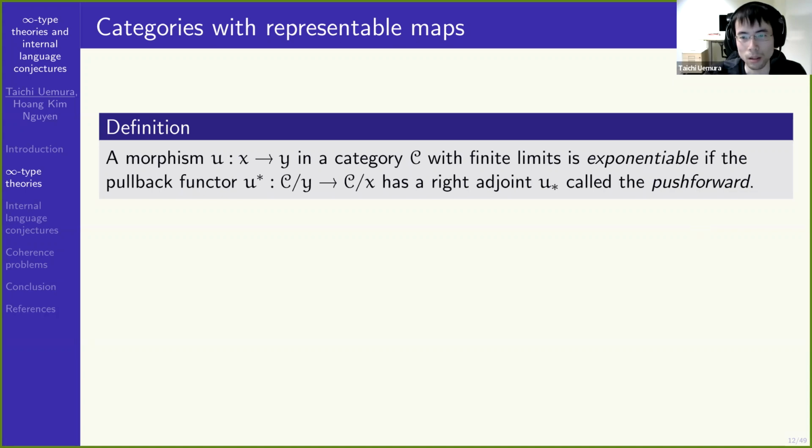I begin with a definition of exponential morphisms. Recall that a morphism in a category with finite limits is exponential if the pullback along it has a right adjoint, and this right adjoint is called pushforward, or it may also be called dependent function. Type theoretically, this pushforward corresponds to pi types.